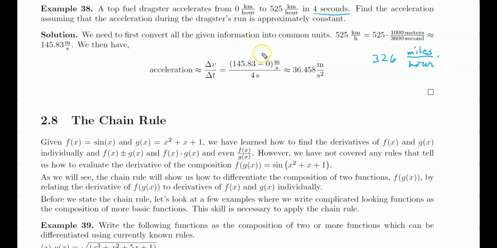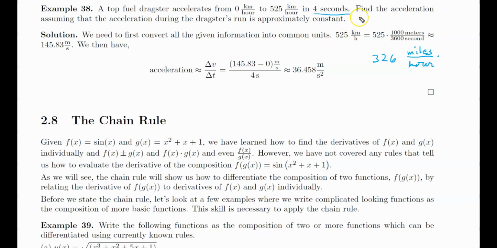So a top fuel dragster, meaning that it's burning nitrous oxide, actually can accelerate from 0 to 326 miles per hour in about 4 seconds. They really can do that. It's amazing how powerful they are. And the distance that they travel during that time is about 1/4 of a mile.